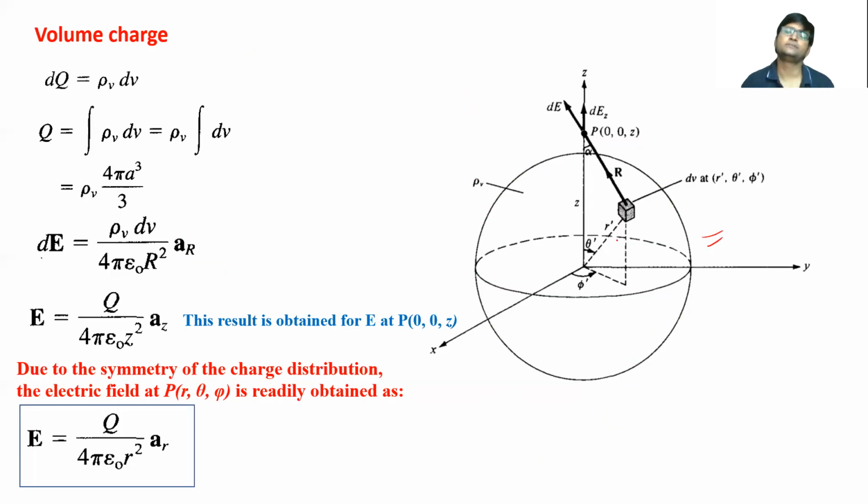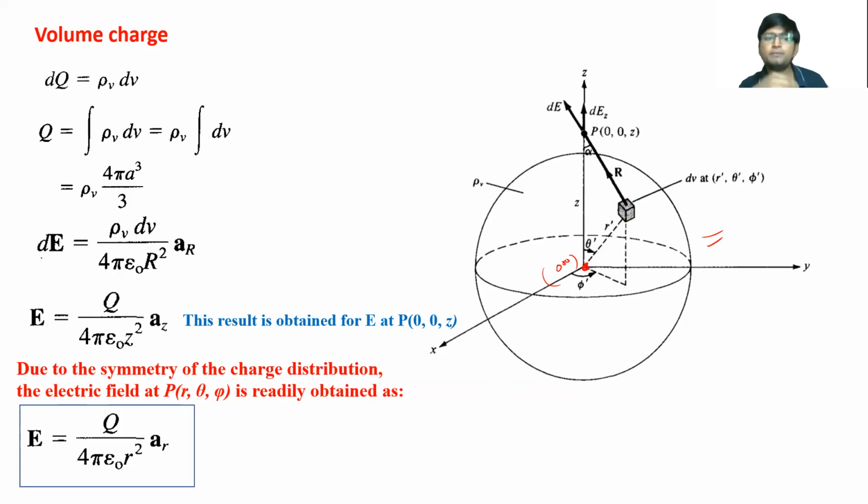And since the charges are symmetrical across this origin point, which is 0, 0, 0, we can use spherical coordinates, because if there is a symmetry in 3D, a spherical symmetry, it will be more convenient to use a spherical coordinate.